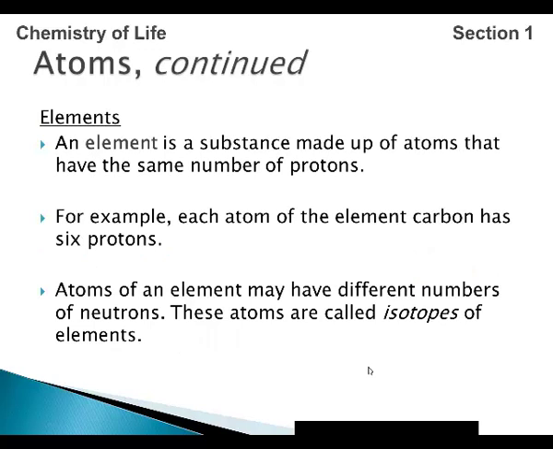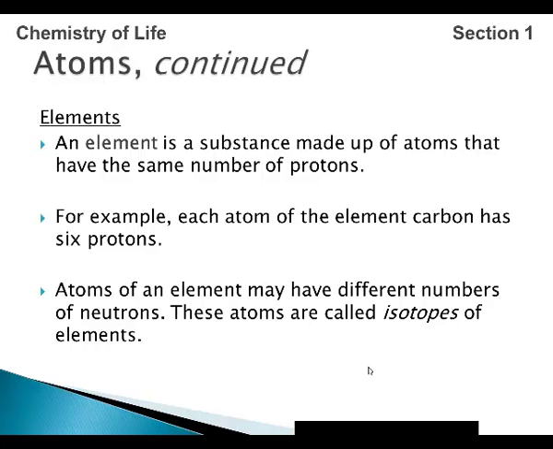So elements. An element is a substance that's made up of atoms with the same number of protons. For example, all atoms of carbon have 6 protons. Atoms of an element may have different numbers of neutrons, however. Anytime we have an atom that has a different number of neutrons, it's called an isotope.